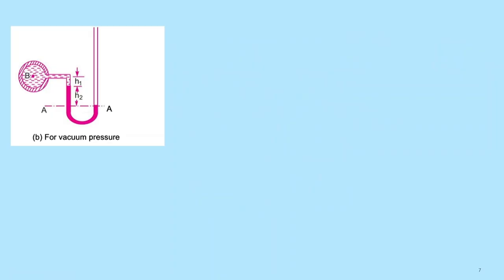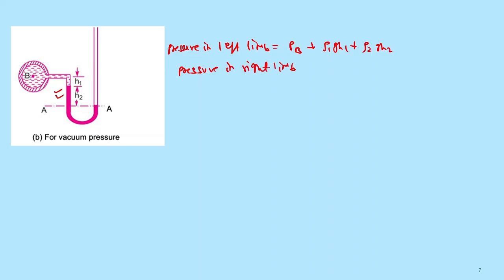So from here we can write pressure in left limb, means this limb, equal to pressure due to point B plus rho 1 G H1 plus rho 2 G H2, and pressure in right limb equal to 0.